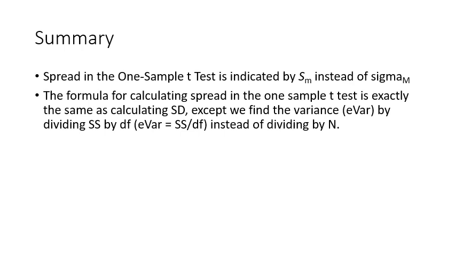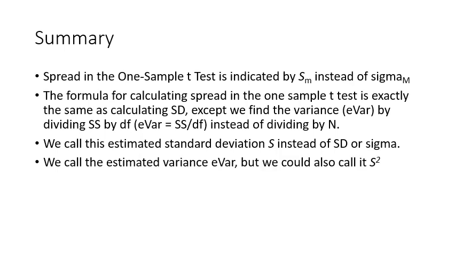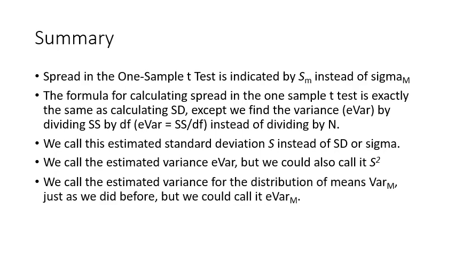EVAR equals SS divided by DF instead of dividing by N. We call this estimated standard deviation S, italicized there, instead of SD like we did in chapter 2, or sigma like we did when it was just known. We call the estimated variance EVAR, but we could also call it S squared. That's what your book does.